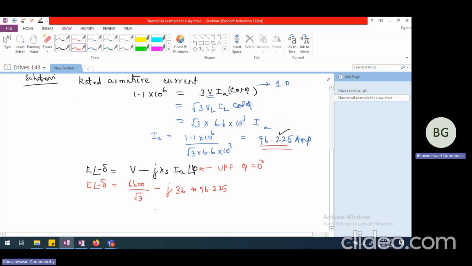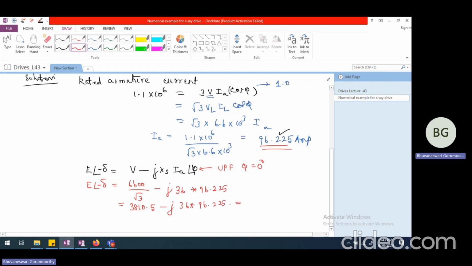Okay, so we can do the complex number calculation. This happens to be 3810.5 minus J times 36 times 96.225. So I can write this as J 36 times 96.225.